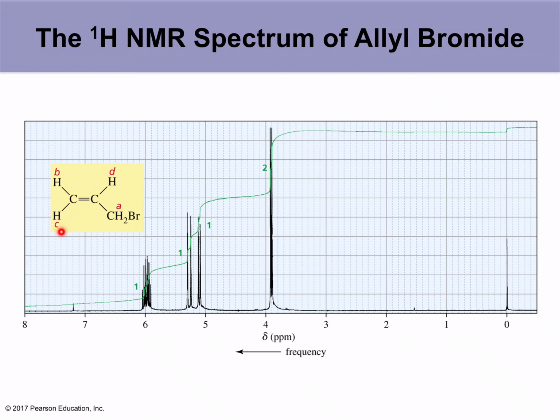So as a result, B, C, D would be more downfield, deshielded compared to A. A is closer to a halogen. But these 2 hydrogens is what you find here around close to 4.